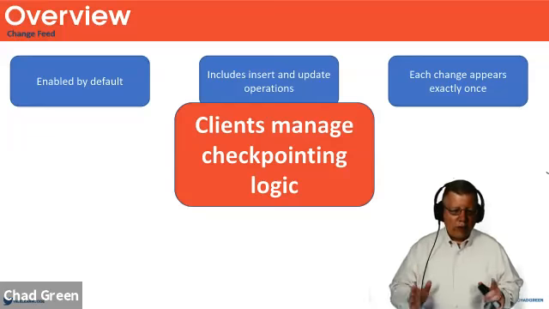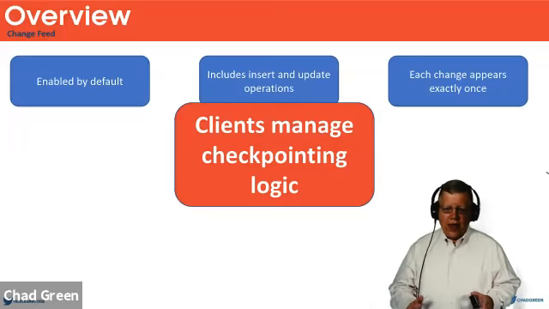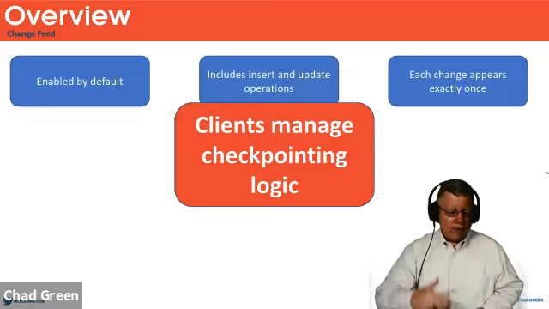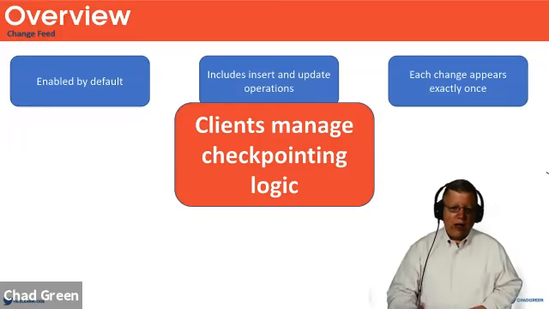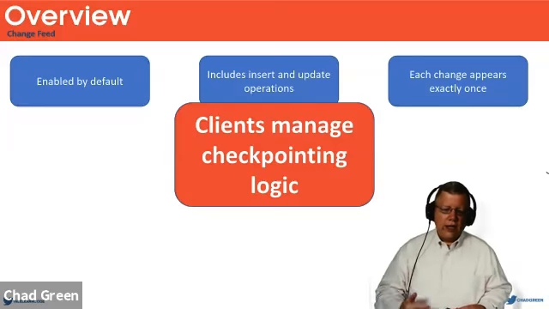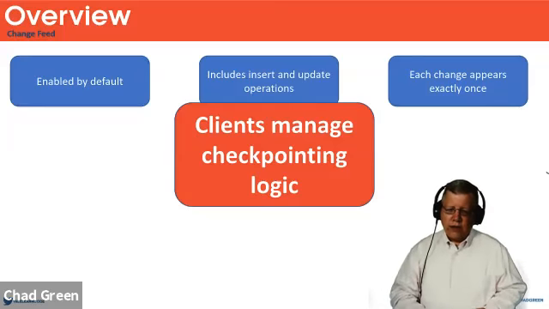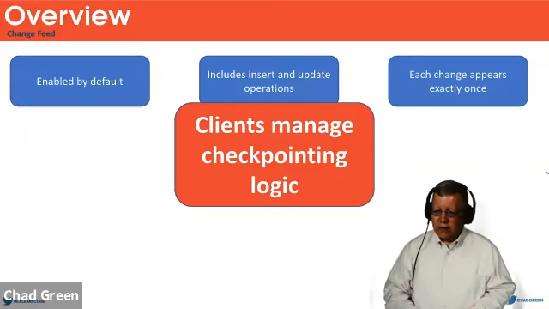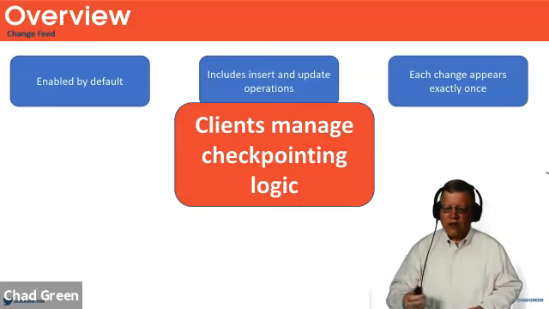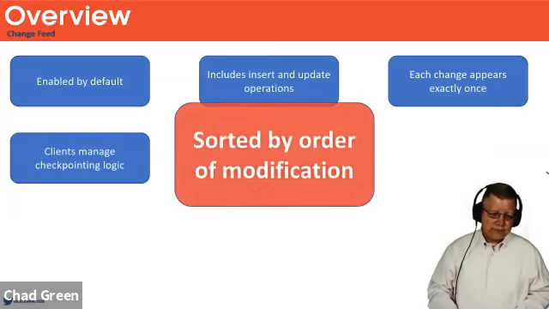But that's actually a really good thing, because I can have multiple things going against the same change feed. I'll have a demo where I have 3 different things reading it, and they might be reading at different speeds, because maybe an action takes longer. I can set the checkpointing logic for each one.